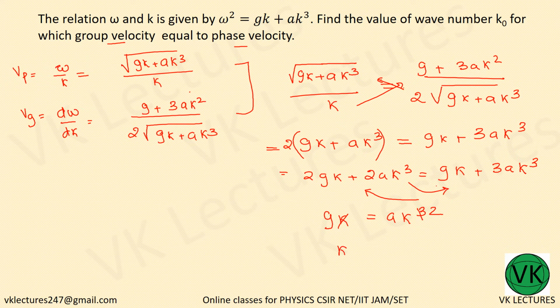Now k square is equal to g by a, or k is equal to root of g by a. Now let us put that equal to k naught. K naught value will be equal to root of g by a, such that group and phase velocity Vg equal to Vp. Now for Vg equal to Vp, k is equal to k naught. That's the idea.